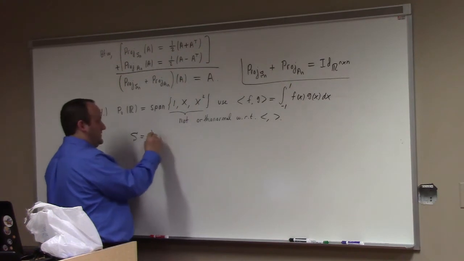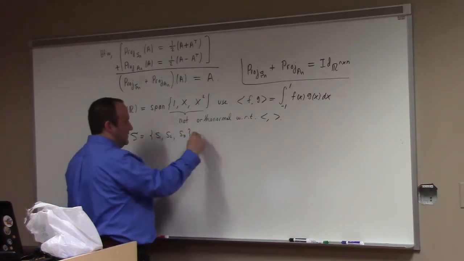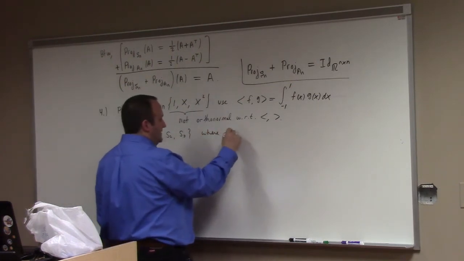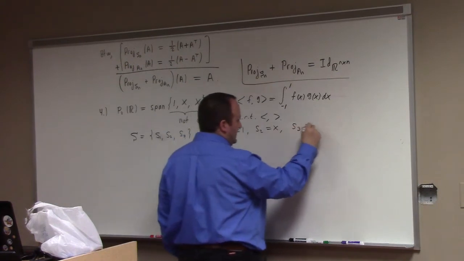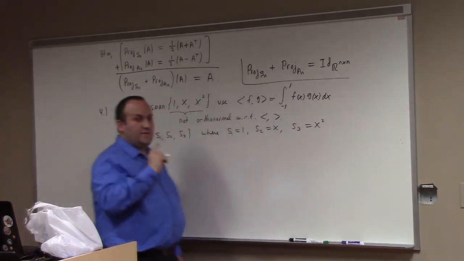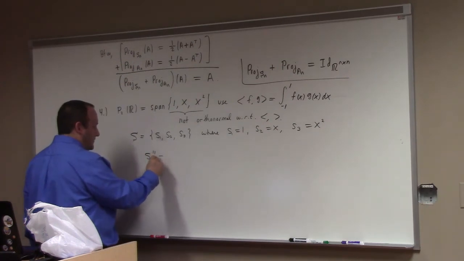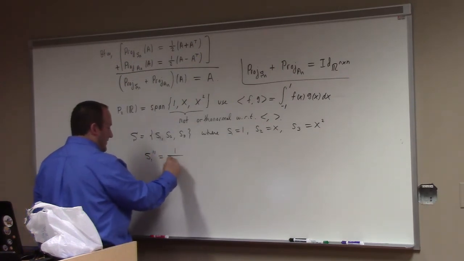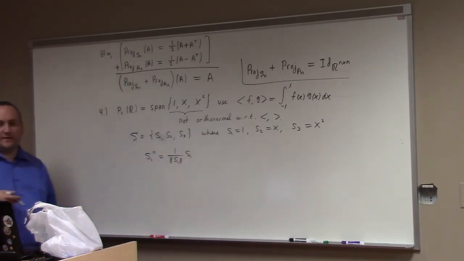So I'll stick with that: S1, S2, S3, so S1 is 1, S2 is x, S3 is x squared. So first order of business is to find S1 prime prime, which I told you should be 1 over the length of S1 times S1, right? It's a unit vector in the direction of S1.